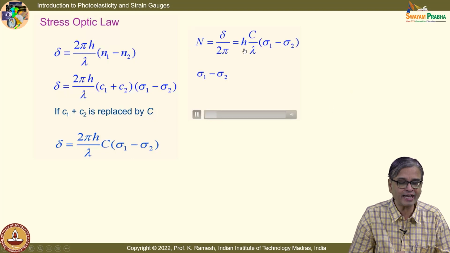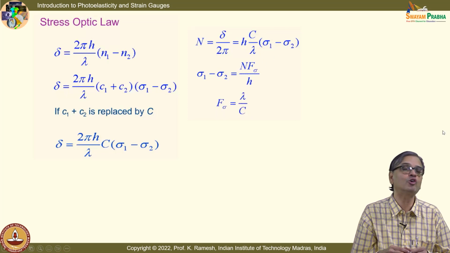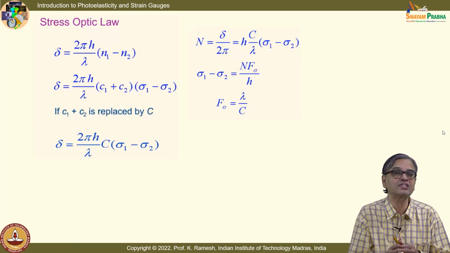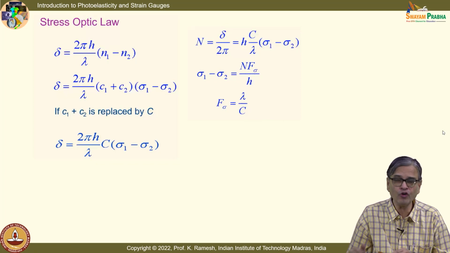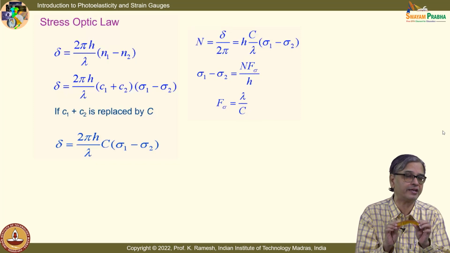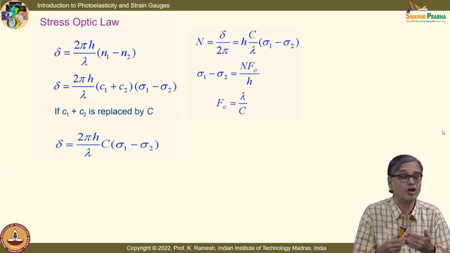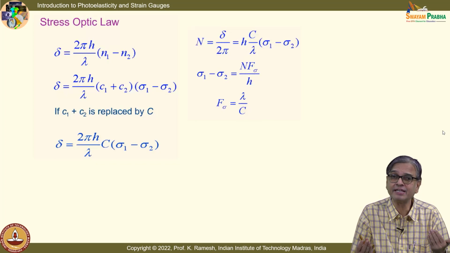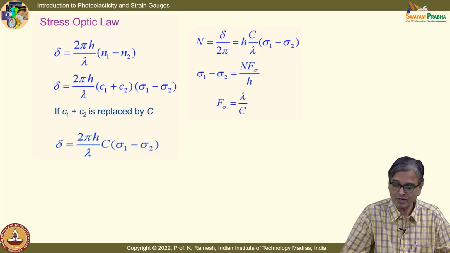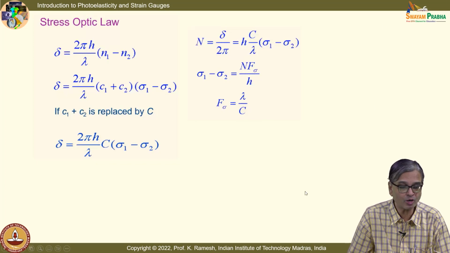So I get this related to sigma 1 minus sigma 2, and you bundle these as a material parameter, which you call F sigma, the material stress fringe value. So the idea is, if I know this for a given material like polyurethane or plexiglass or glass, then whatever fringes you see can be interpreted as the magnitude of sigma 1 minus sigma 2.